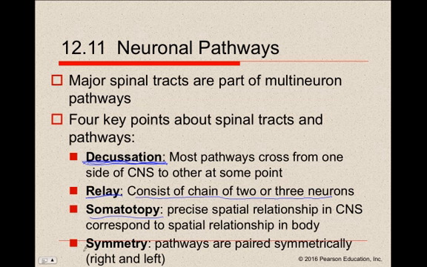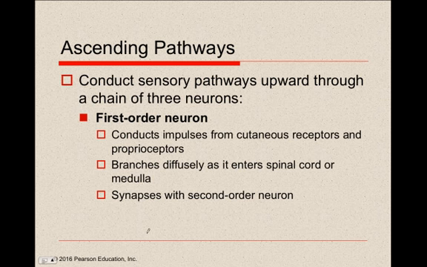And then symmetry is that we've got pathways that are paired, right and left pathways, and that creates the symmetry of the spinal cord. When we look at our ascending pathways, our sensory pathways on the way up towards the brain, we can see this relay of neurons that I talked about.